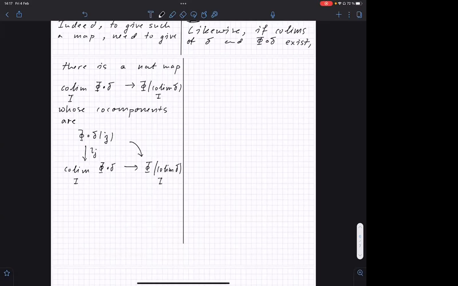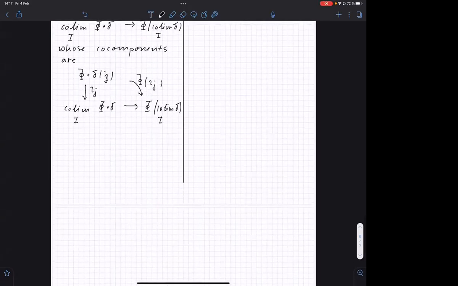What is it? Well, by the definition of the colimit of delta, it has its own co-components. So this is iota J for delta. And I just apply phi to that.